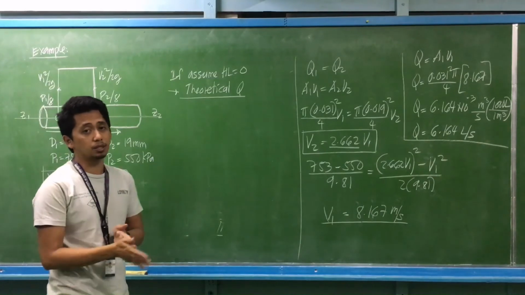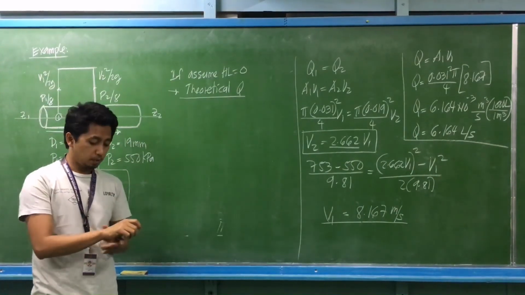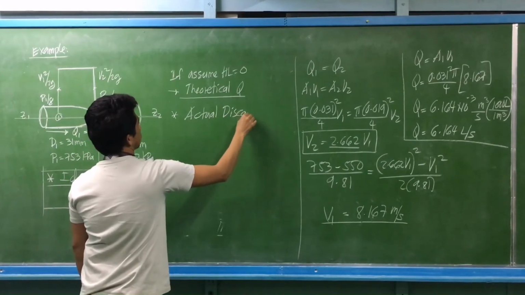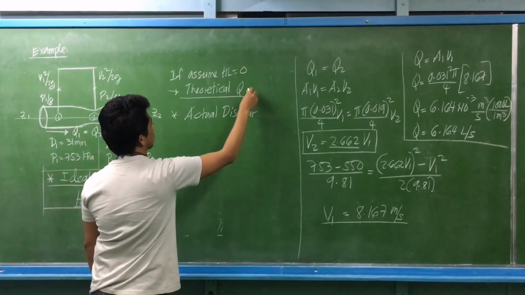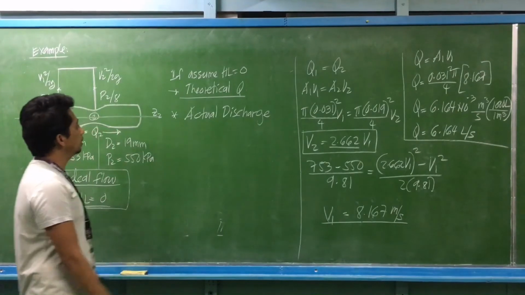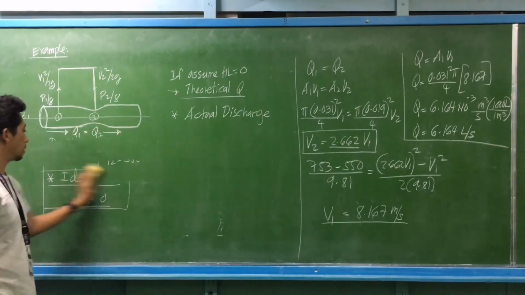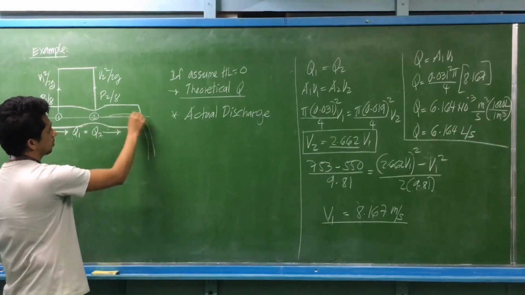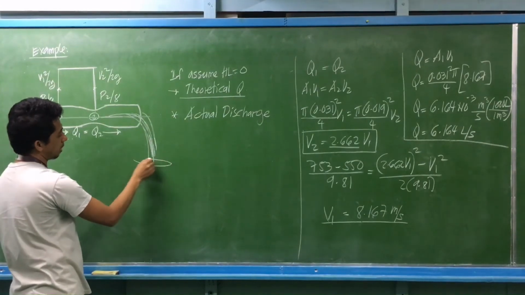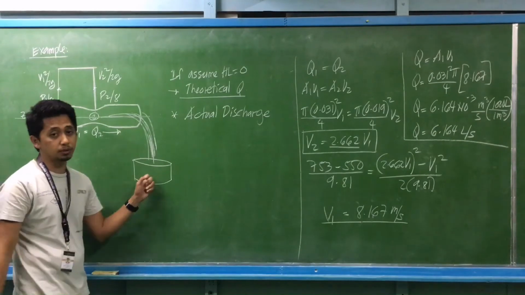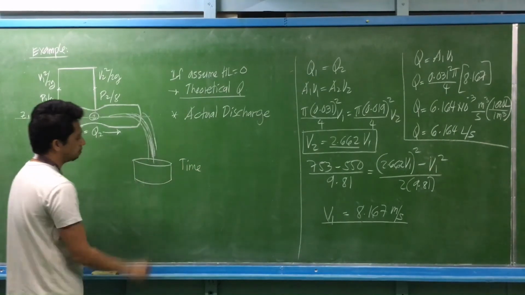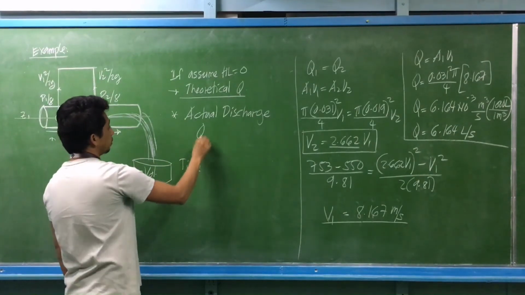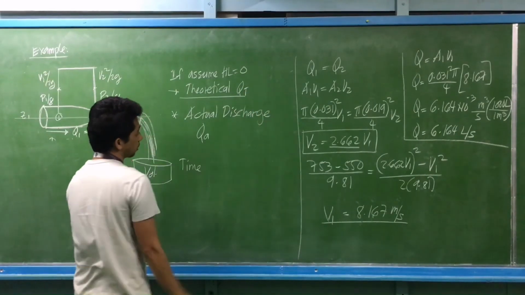So how do we get the actual discharge? In a laboratory experiment, we can get the actual discharge. What you do in the actual laboratory is let the water pass, and you have a container here. You collect a volume and record the time. So basically we have the actual discharge, let's say Q sub A, and Q sub T for the theoretical discharge.